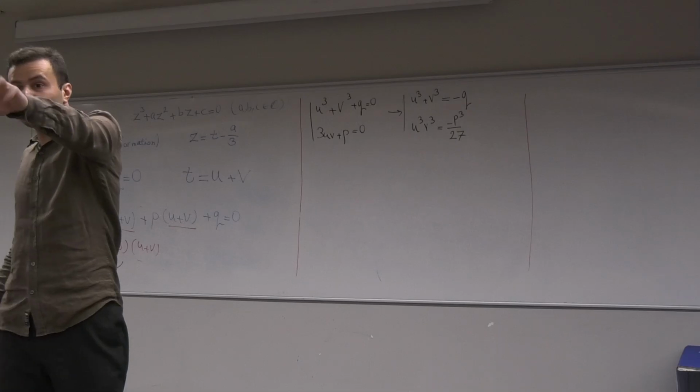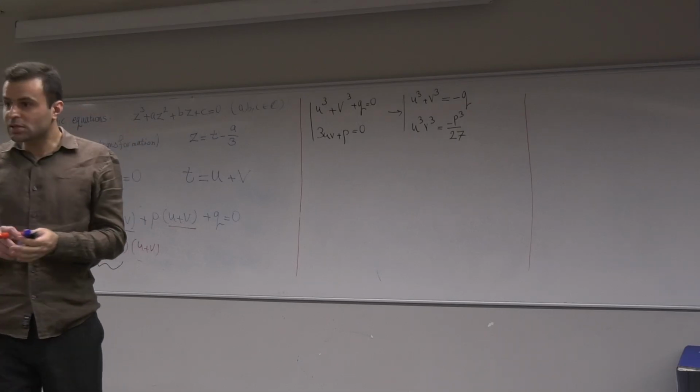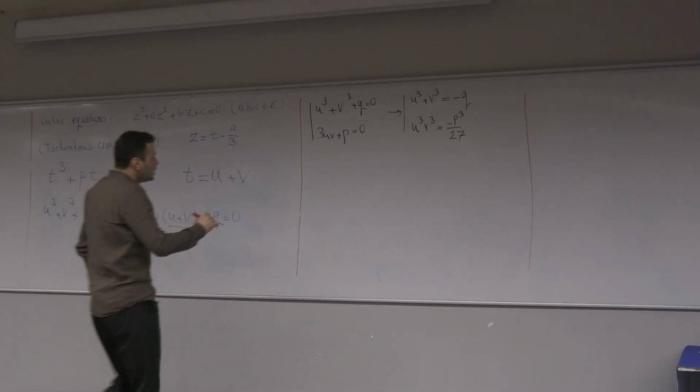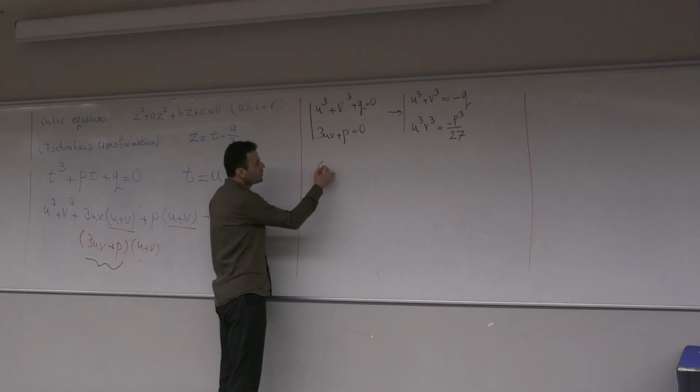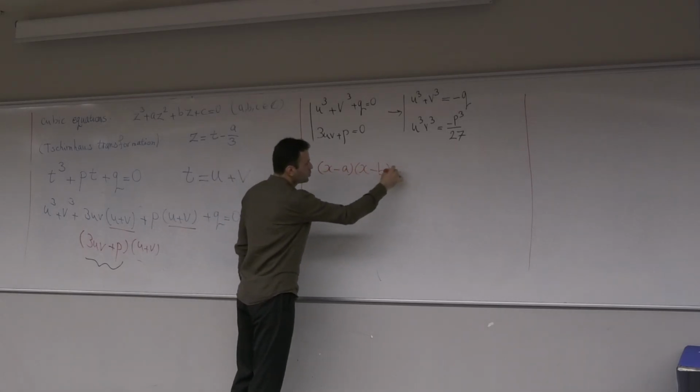Yes, exactly. We are going to put them inside an equation. They are the same idea, some kind of, but let me give it a formal form. Look at this: x minus a multiplied by x minus b equal to 0.